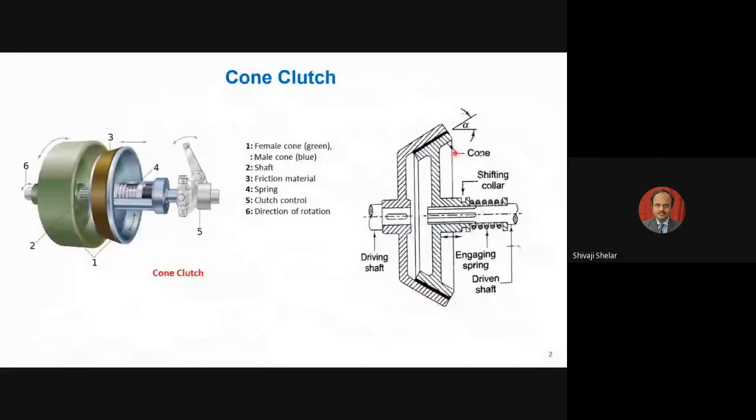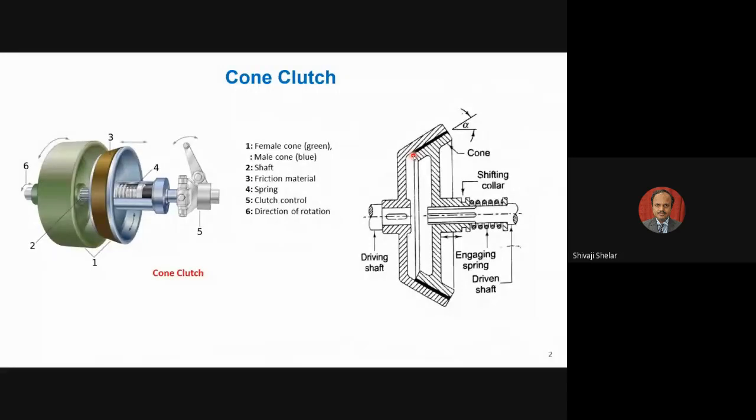You can see here, this is your cone clutch. This radius is R2 and this radius, bigger end diameter radius is R1. So R1 value in this case is 55 mm and R2 value here in this distance is 30 mm.